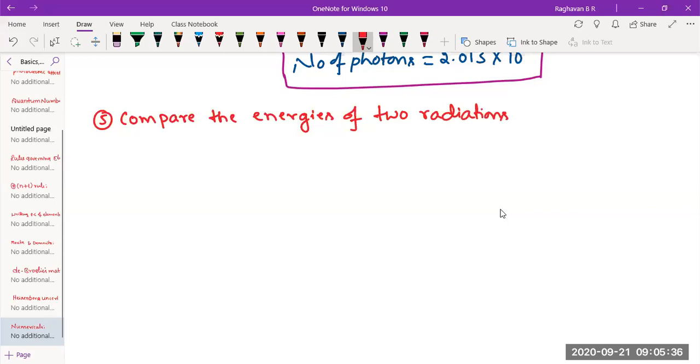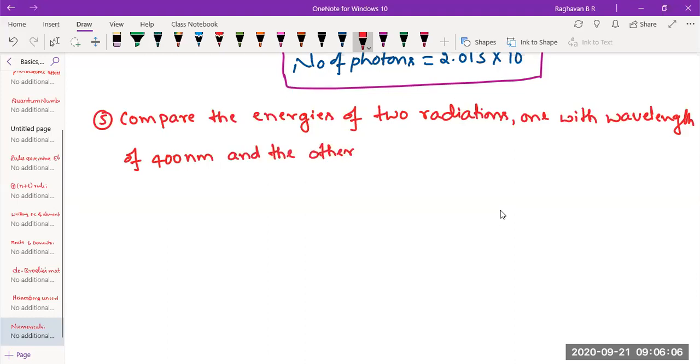Compare the energies of two radiations, one with wavelength of 400 nanometer, and the other with 800 nanometer.